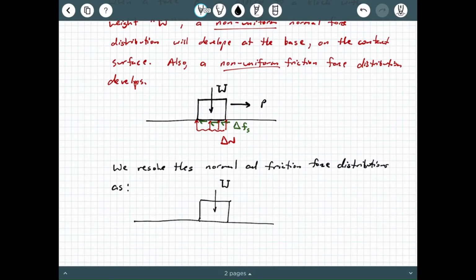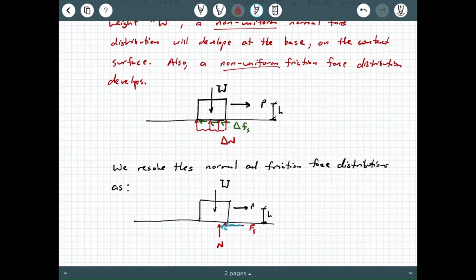And of course it has the same weight, same system. And then we still have P here. Let's go ahead and say P is applied at some height H. I could have put H here on the original figure as well. And so when these force distributions are resolved, we're going to get this normal force developing here and a friction force, F sub s, developing here.